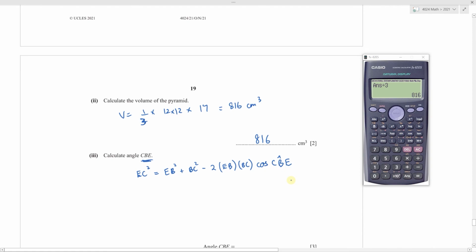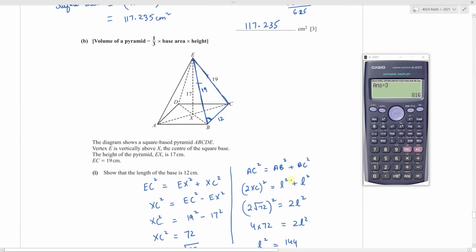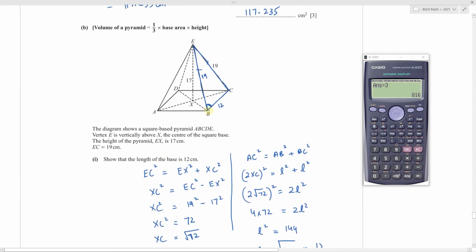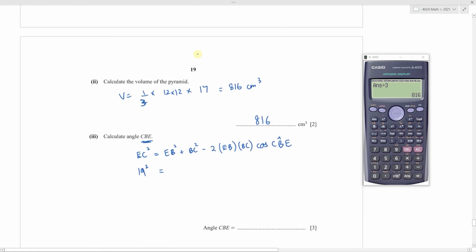Now let's substitute the values. EC is 19. 19 squared equals EB, which is also 19, 19 squared, plus BC, 12 squared, minus 2 times 19 times 12 cos of CBE.